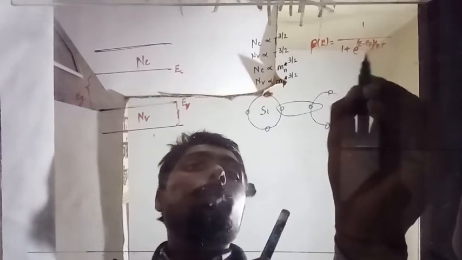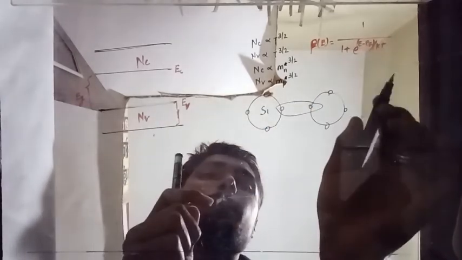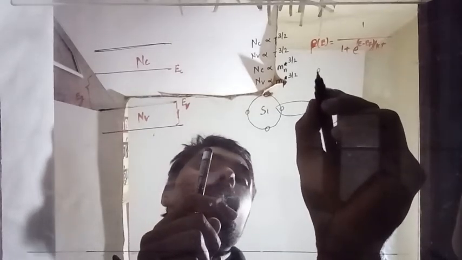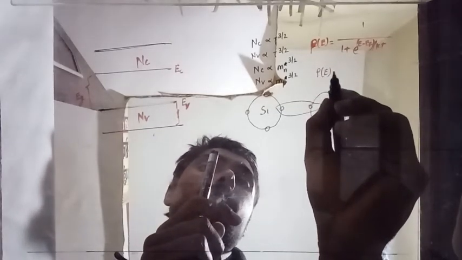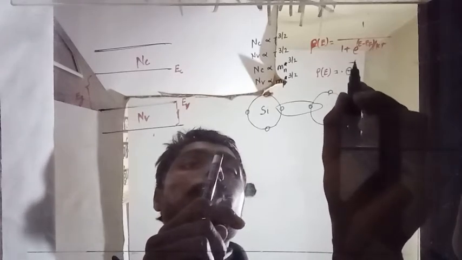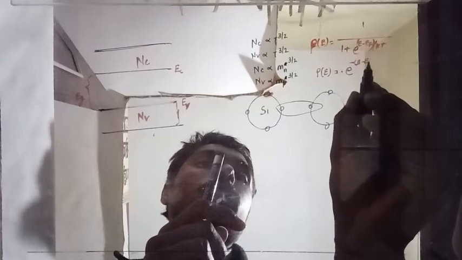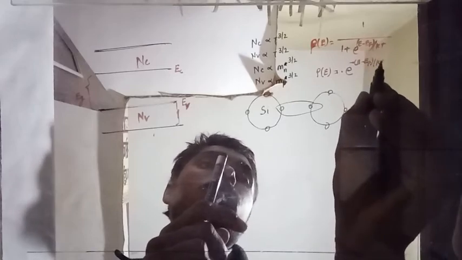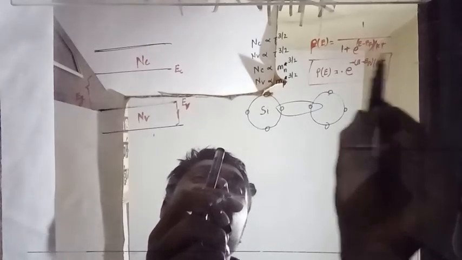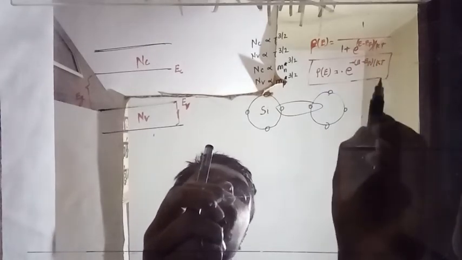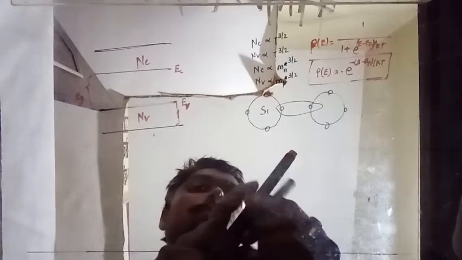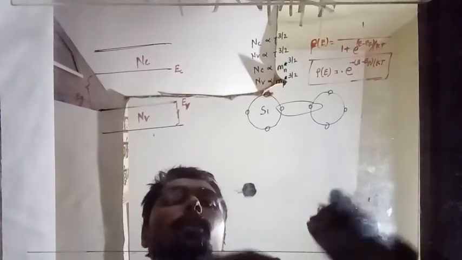When E minus EF is far greater than KT, we can use an approximation that the probability of finding the electron at energy level E will be given as e to the power minus (E minus EF) upon KT. Alright, this is the Boltzmann approximation. We are going to use this formula only to derive the expression for the Fermi level. Alright, so here we are going to start again.